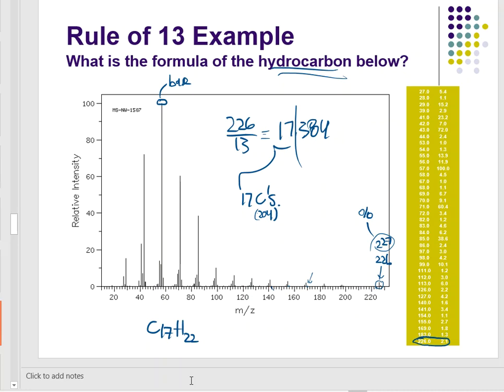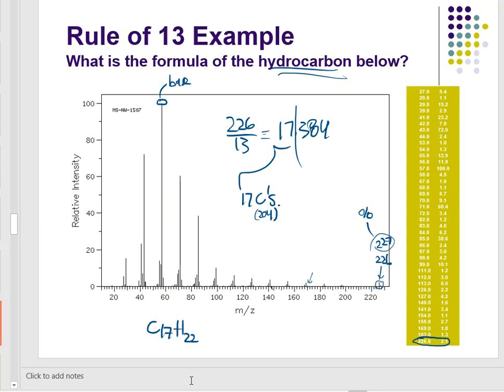I know there's 17 carbons. I know there's 22 hydrogens. How they're hooking up, I don't really care at this point. Which pieces are giving rise to the fragments that I see on the screen, I don't really care about that either at this point. I'm just using the rule of 13 and that is it.